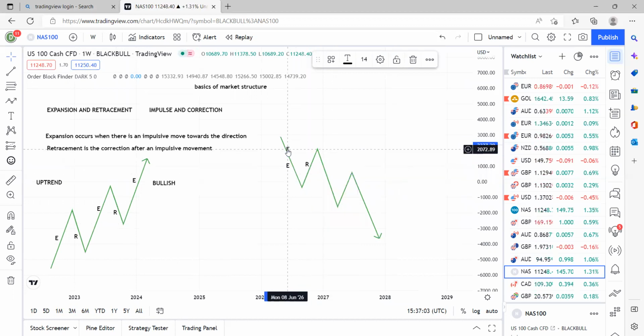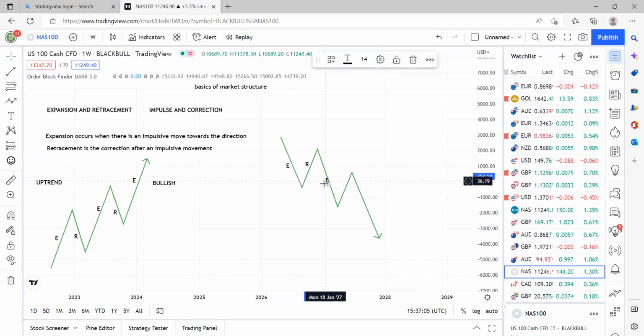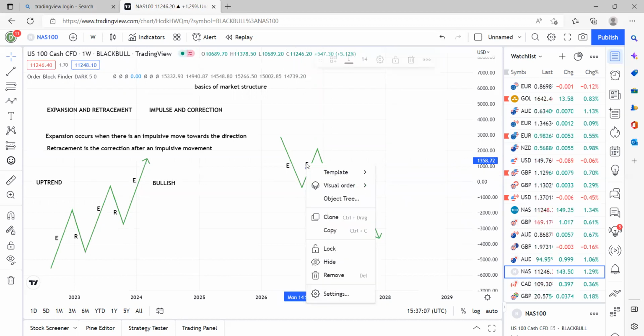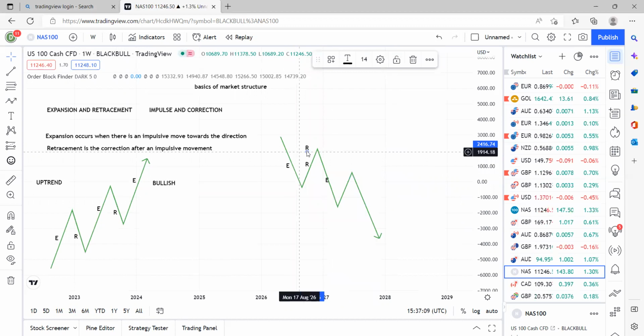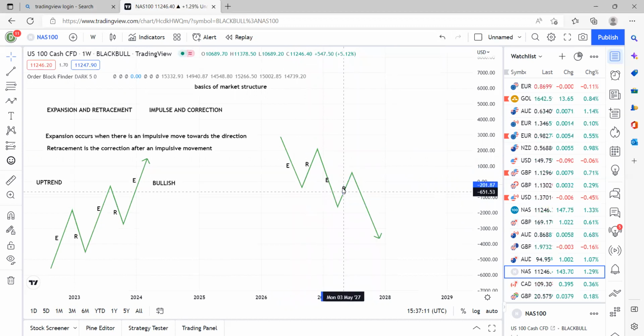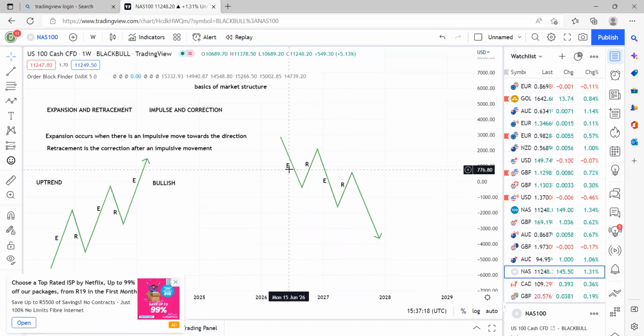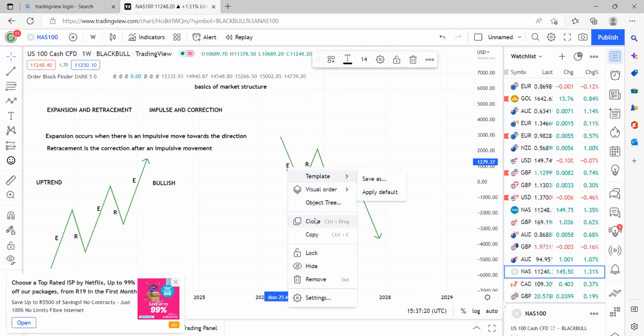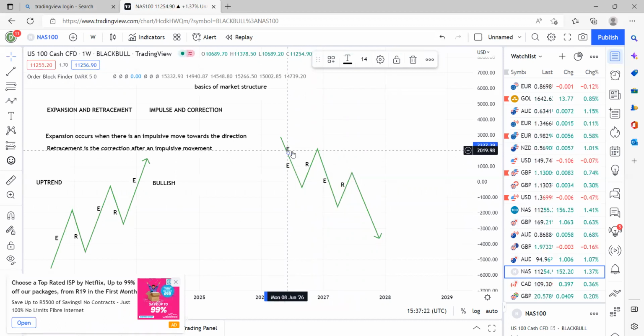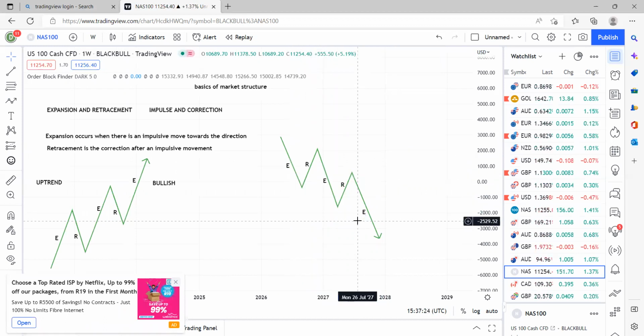Then we have expansion again, which is our impulse. We have correction again, which is a retracement. Then we have again impulse here, which is our expansion.